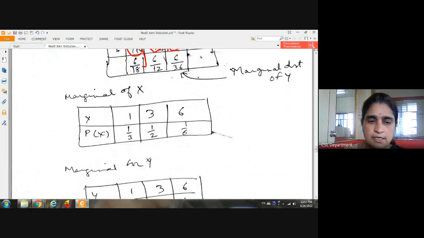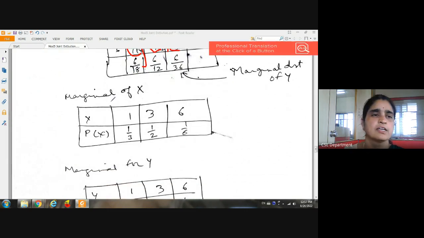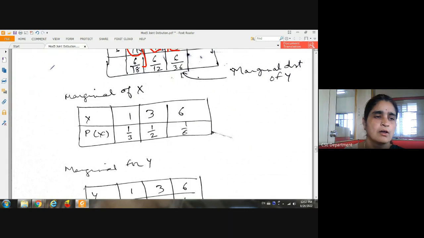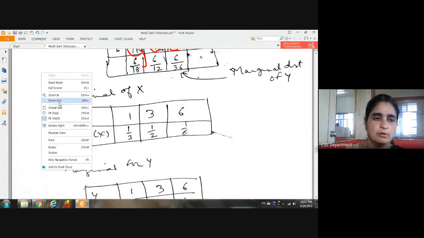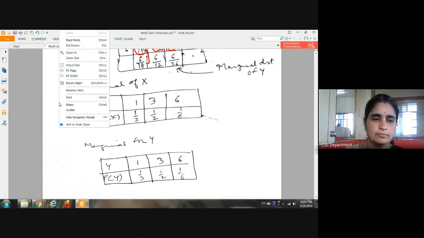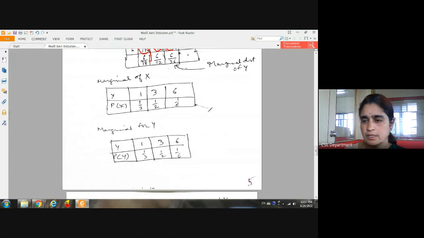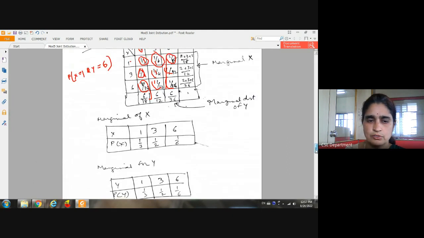Marginals, I'll just make it a little small so that we can get everything on the same page. Zoom out. Here look at the cell values and marginals.